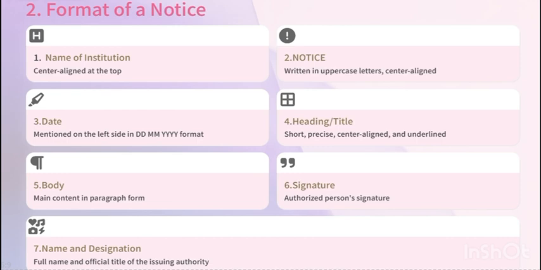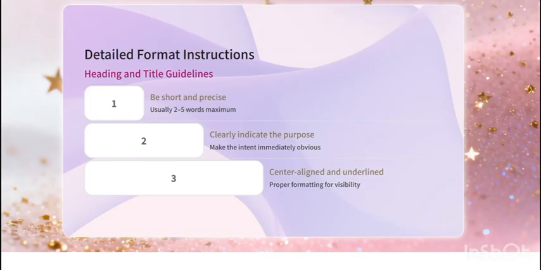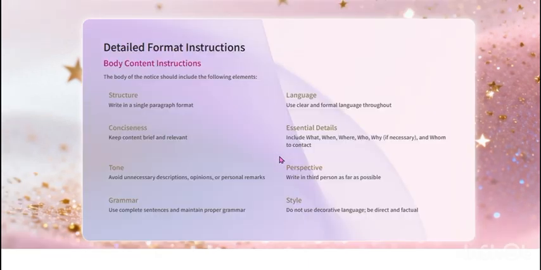But before we begin with an example, I want to give you some tips about how to write the heading. Be short and precise when you're writing the heading. It should be centrally aligned, underlined, and not more than 5 words. Moving on to the body, please keep these things in mind. Write in a single paragraph format.